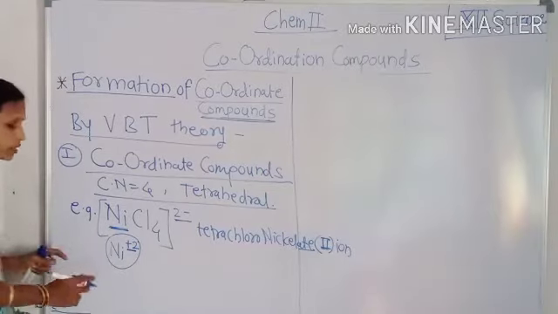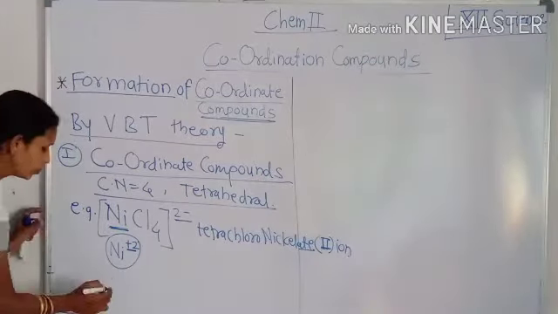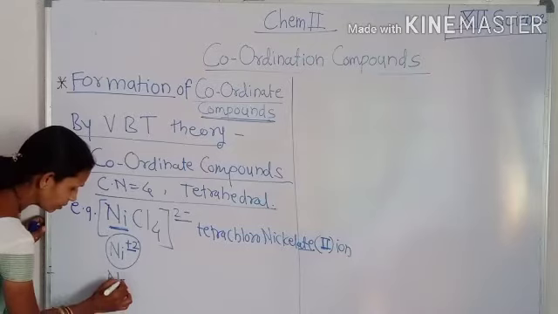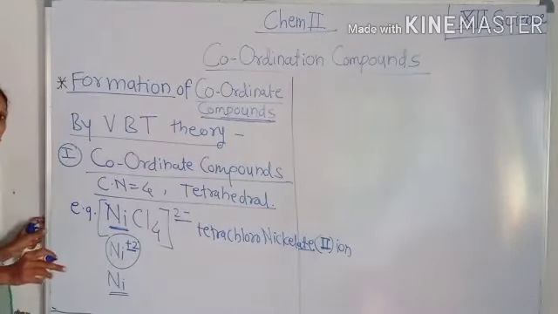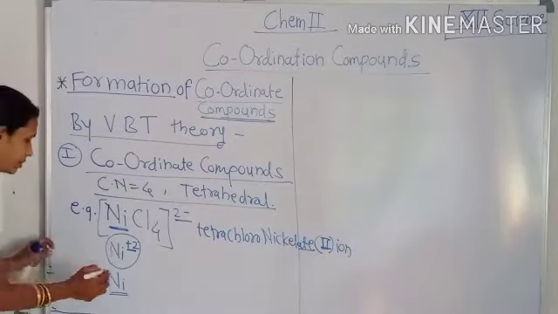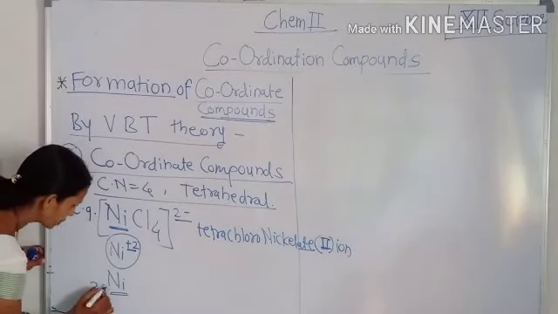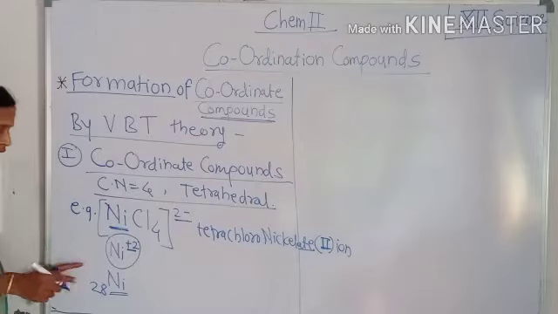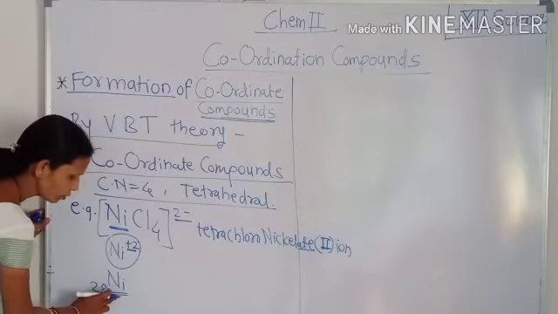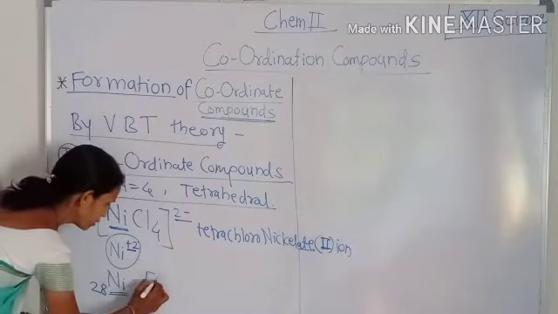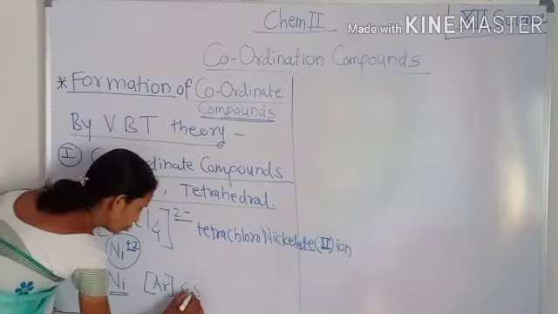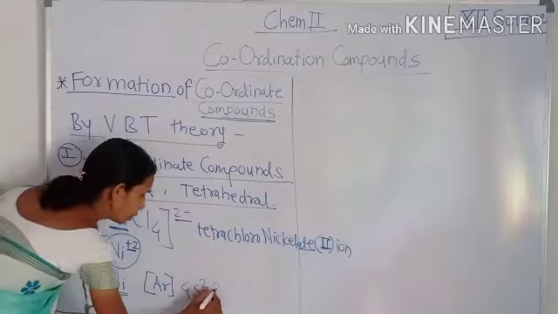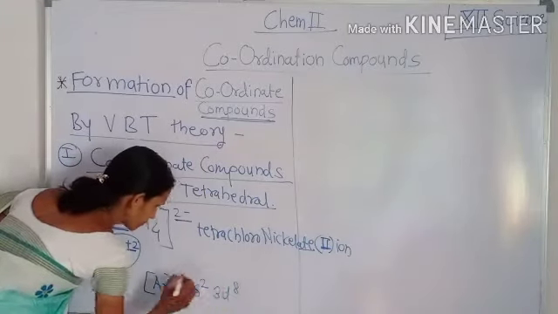Therefore, first of all we have to write the central metal atom, whose atomic number is 28, and the electronic configuration of nickel is argon 4s2 3d8.